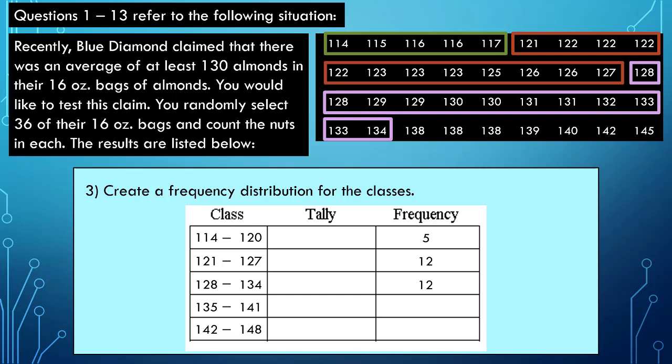The entries between 135 and 141, there's 5 of them. And then we don't need to count any here because what's left over at the end, those 2 data entries, are going to be from 142 to 148. So that's your answer for the frequency distribution. If you don't put anything in a tally column, that's fine, because we didn't need to use it because of the way that this problem was built.